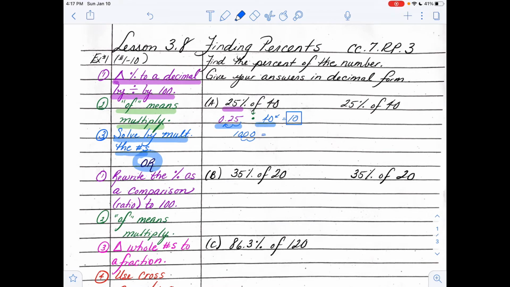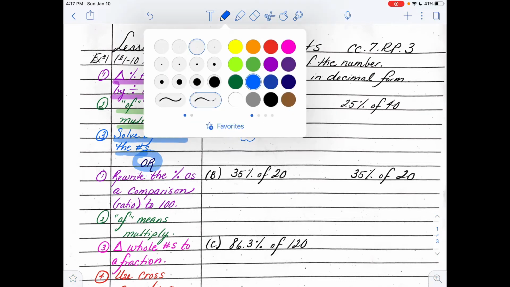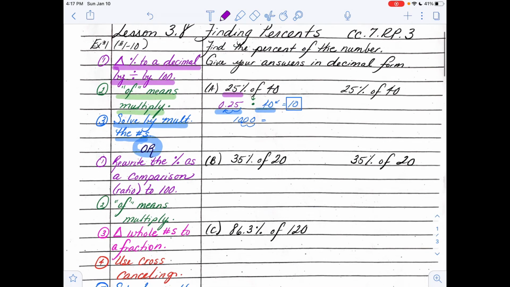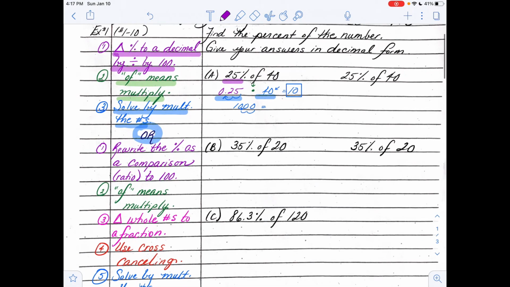We learned a percent is actually a number that's being compared to 100. We learned that when we learned the definition of percent. So let's try it this way. I want to rewrite the percent as a comparison, or what we know as a ratio, to 100.